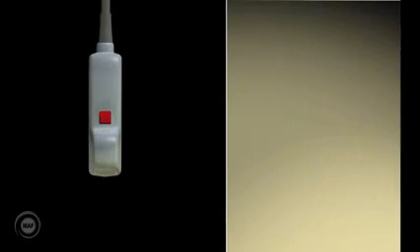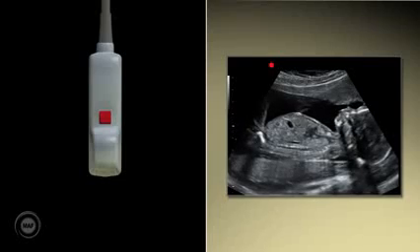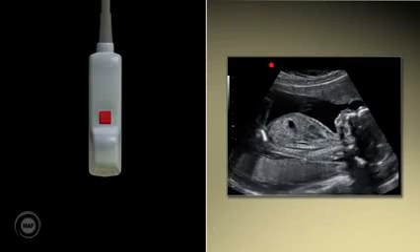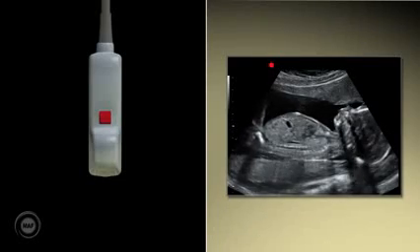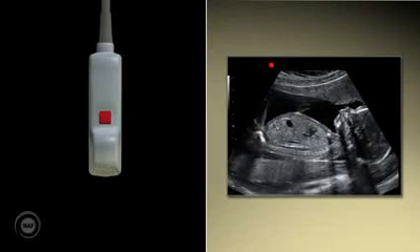Probe orientation. There is a marker or a dot located on the ultrasound probe, and it is always represented on the screen in the same place, usually the top left-hand corner. This dot is crucial when working out the orientation of the organ or the fetus, and when interpreting the corresponding image on screen.